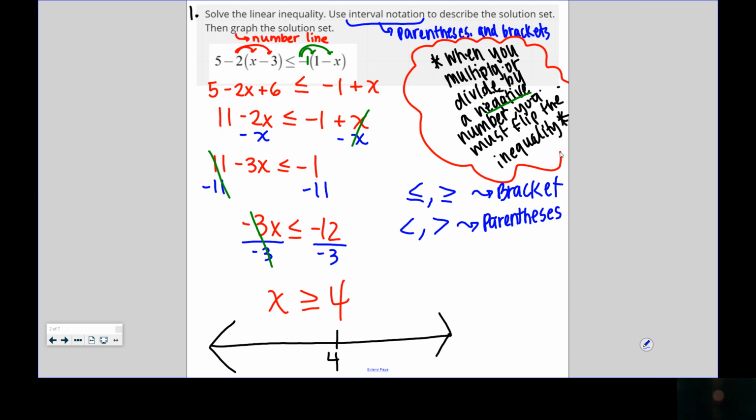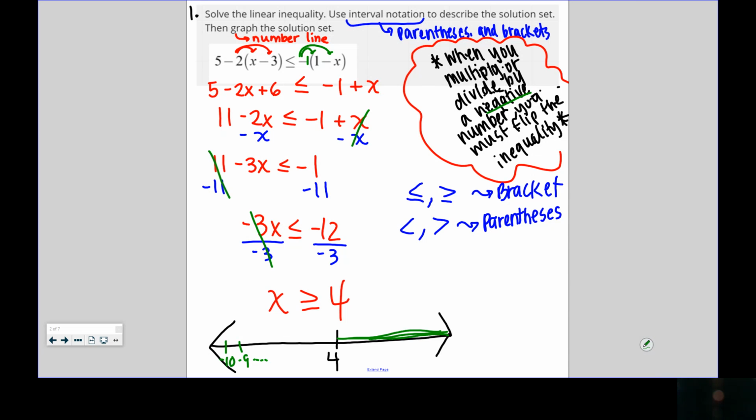Okay, so let's look at our answer here. It says all of the x's that are greater than or equal to 4. All right, so which side is the numbers that are greater than 4, the left side or the right side? Yeah, so the ones that are greater than 4 would be to the right. Over here would be negative numbers, like negative 10, negative 9, that kind of thing.